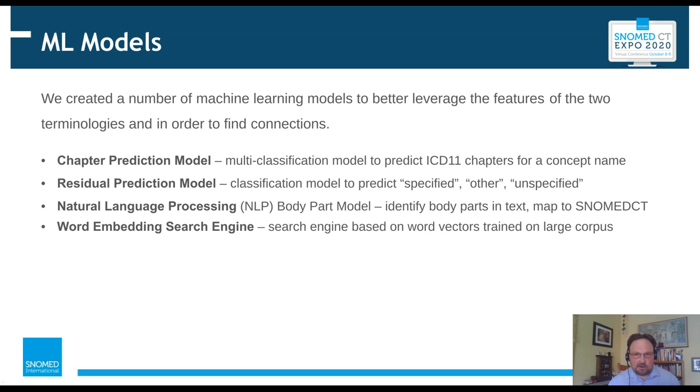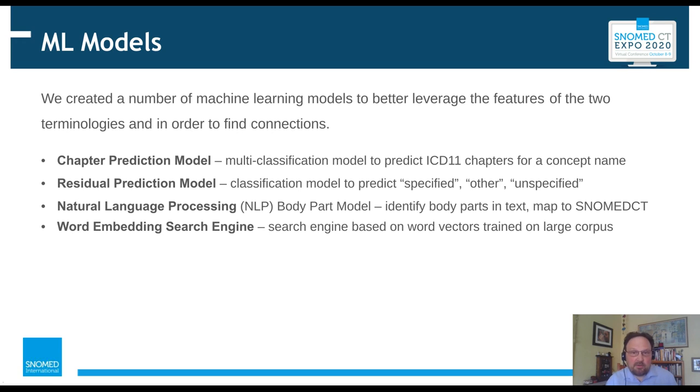The way in which other and specified and unspecified exactly work changes from ICD10 to 11, or at least the things that wind up being classified into those different categories is slightly different, but we felt that this would be a good model as a tiebreaker where otherwise all other information is kind of equally valid predicting between 2 options. We could use this as a means to make a final decision.